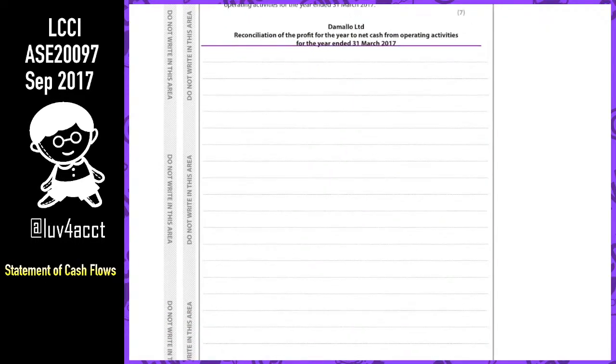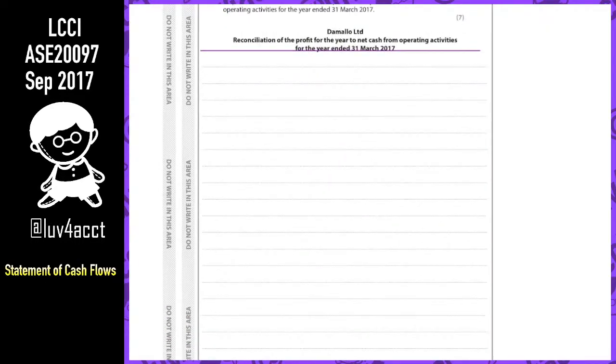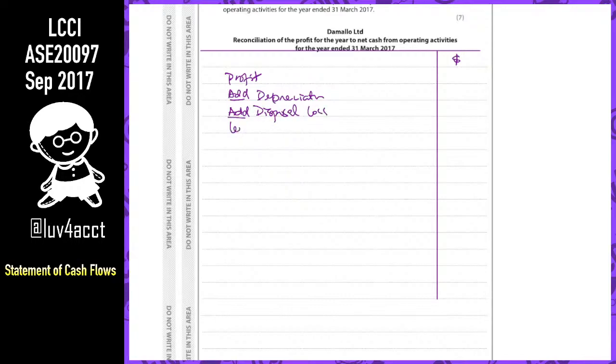Okay, so we are given a lot of other information that we don't need. Okay, one column will be enough. Okay, so we have profit for the year, and depreciation, and disposal loss, less, add, okay, that would be what?